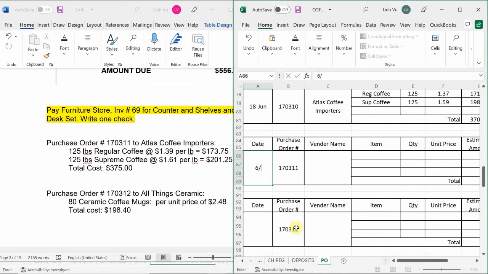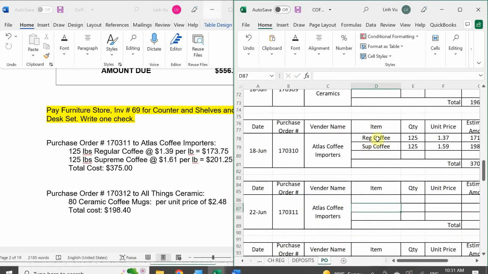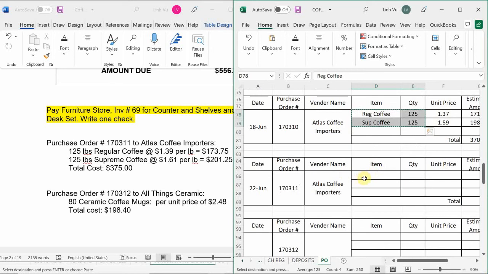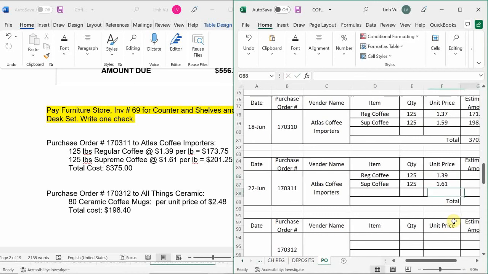Purchase order 311. Okay, today's the 22nd, right? Who did we order from? Atlas Coffee. What did we buy? We bought regular and supreme coffee, 125 pounds. This time my cost per item for my regular coffee is $1.39, while my supreme coffee is $1.61.